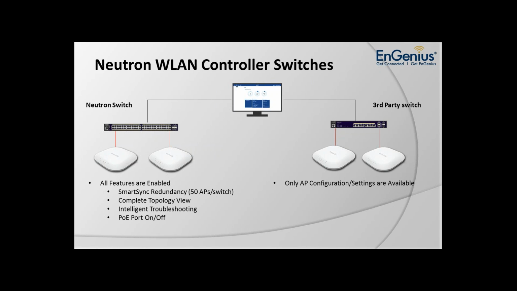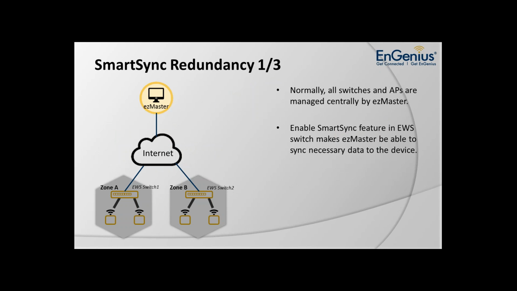So if you use the switch in combination with ezMaster, you have the full features. If you don't want to use a switch or use another third-party switch, then only the AP configurations and settings are available.